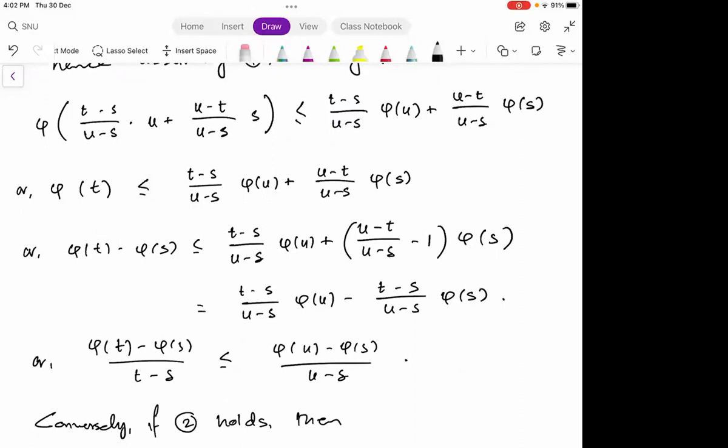It has to be phi u minus phi t by u minus t for us to be able to use it later. So let me see how we can actually do that.